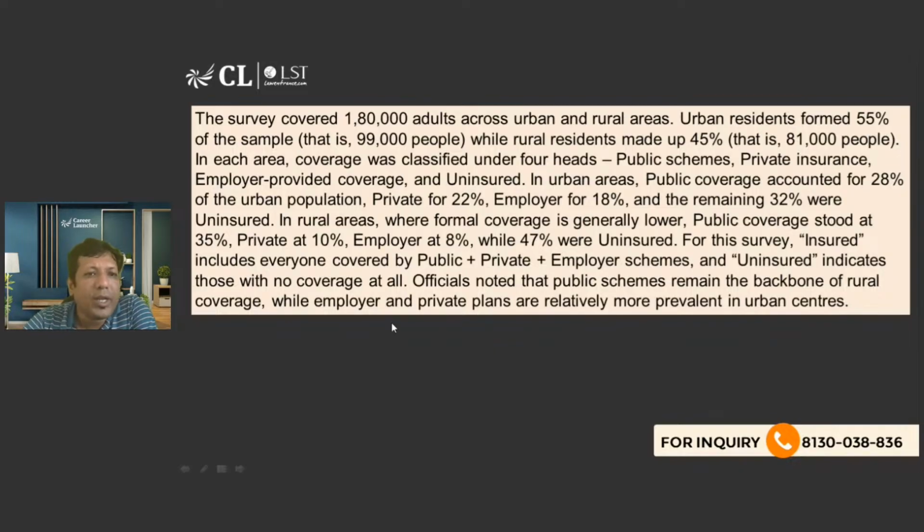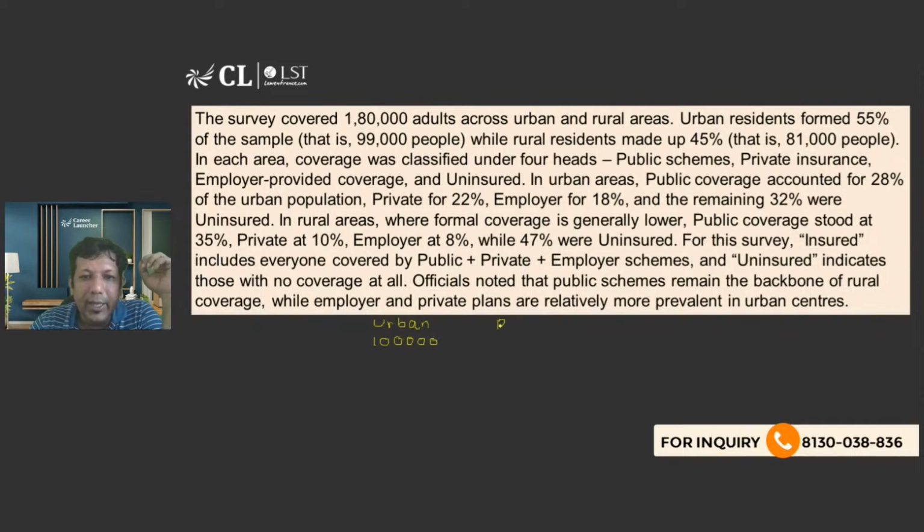Okay. So what I am going to do now is a very simple thing. I am going to talk about two things: one is urban, second is rural. In urban, I am going to assume a total of 1 lakh people.